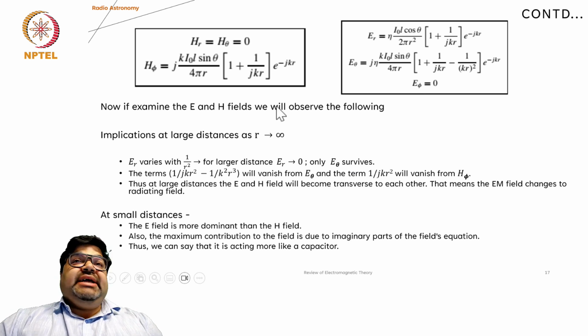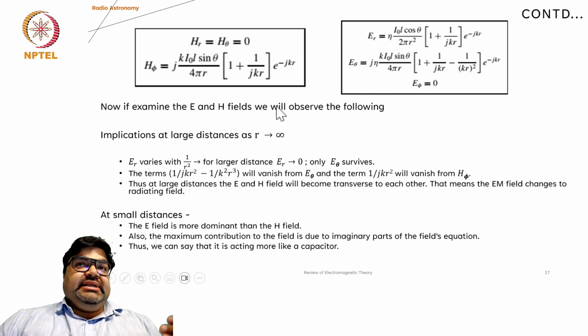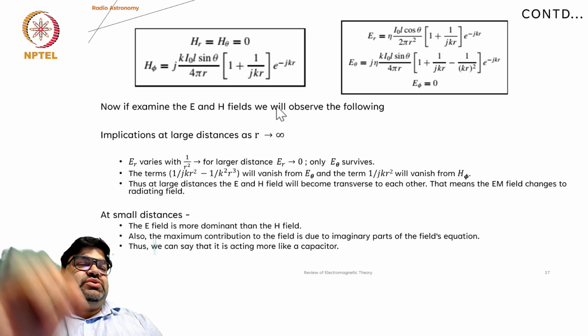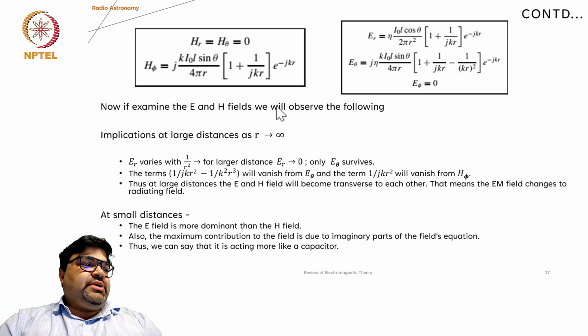Now let us imagine the implication of different values of R. R was the distance from the origin to any point. If you look at the E, as R goes to infinity, the E_R actually varies as 1 over R square, the radial component of electric field.